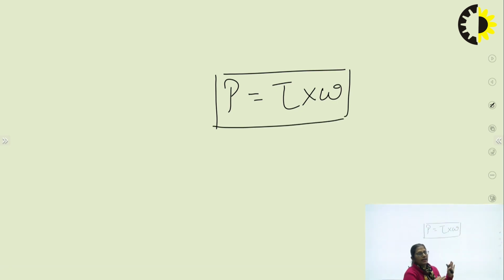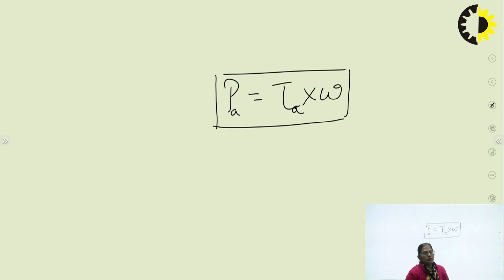Let's put this as our base equation and apply the same base equation for a DC motor. In a DC motor, the torque is generated or developed in the armature, so I call it the armature torque, given by tau A. The gross mechanical power developed is also in the armature, so I call it PA.